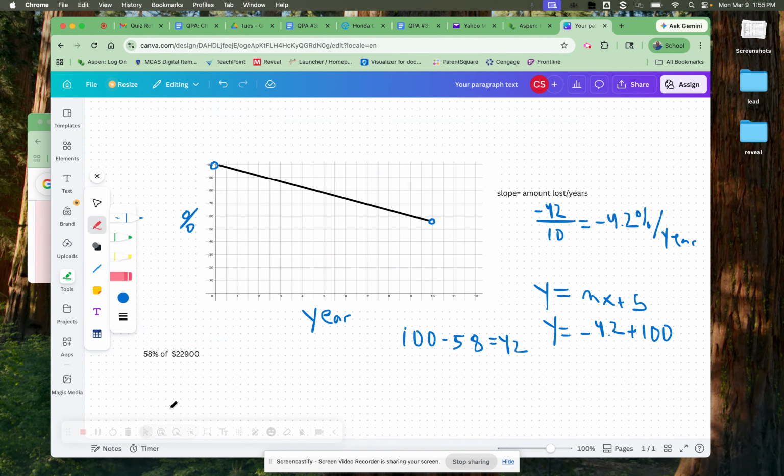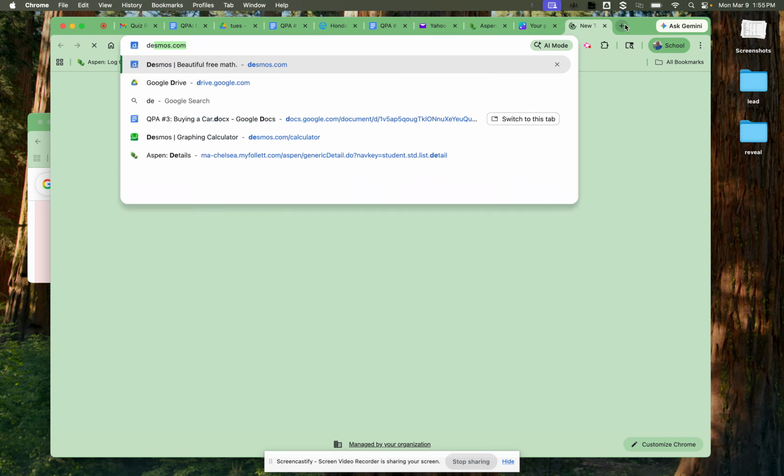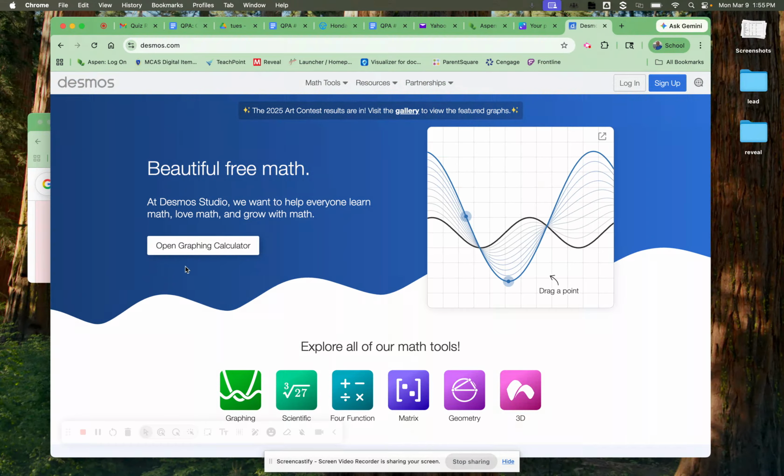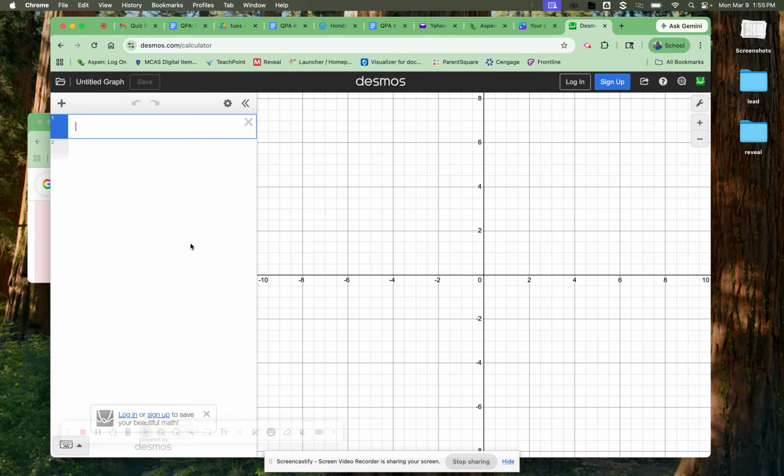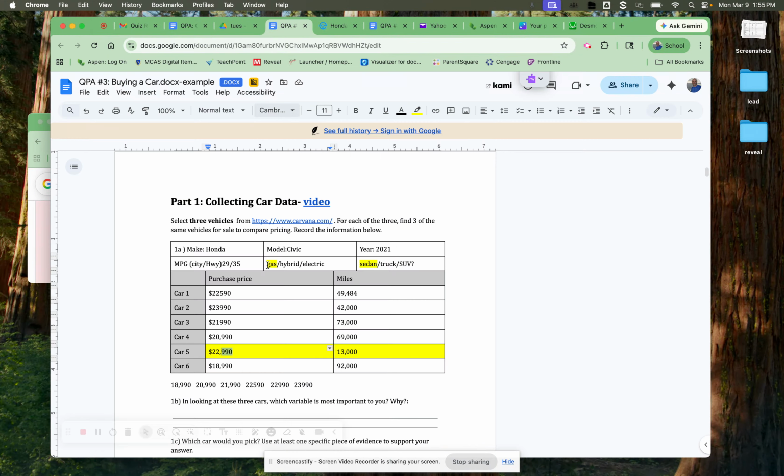So I'm going to turn my percent into a decimal, divided by 100, and I'm going to get 0.58 times 22,900. So 0.58 times 22,900 means my car is going to be worth $13,282.